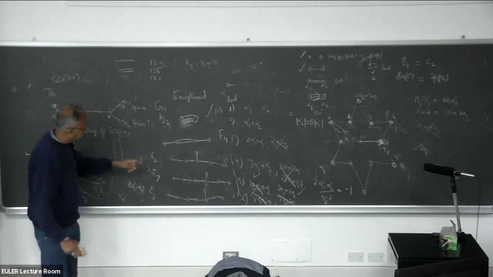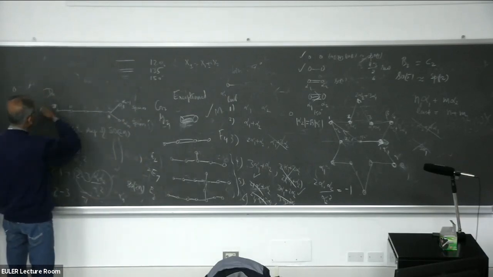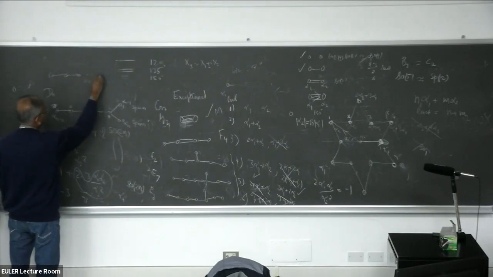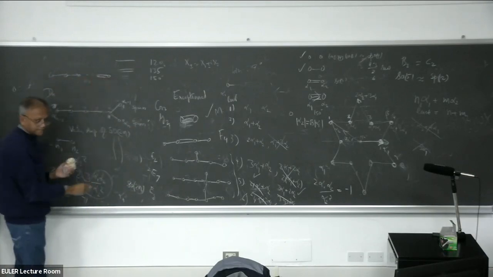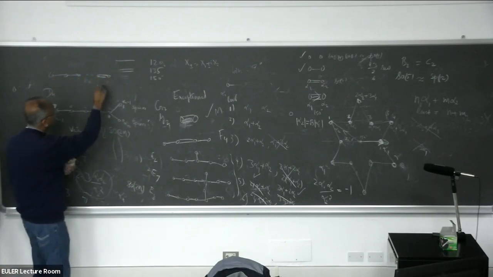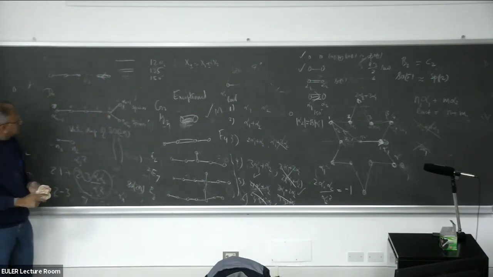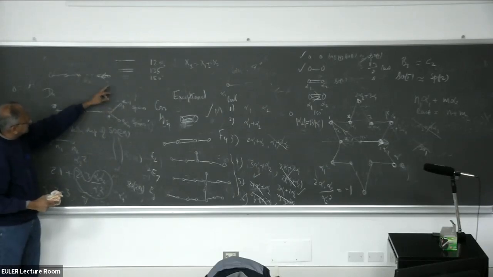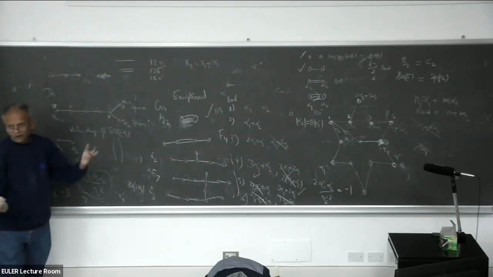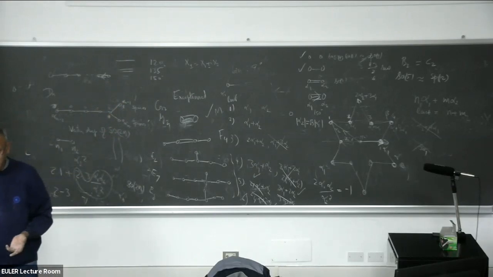Now, on the other hand, if you look at SO(2n+1), that is a different structure altogether. It has a double line with the arrow in this way. Here you don't have this thing. In odd dimension there is no concept of chirality.